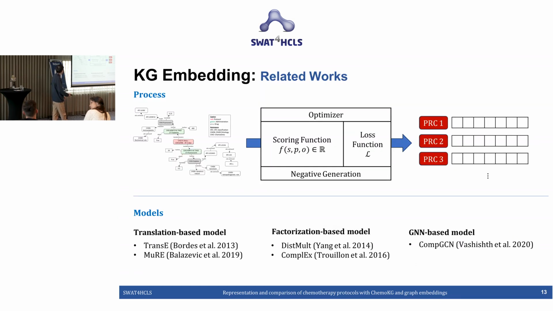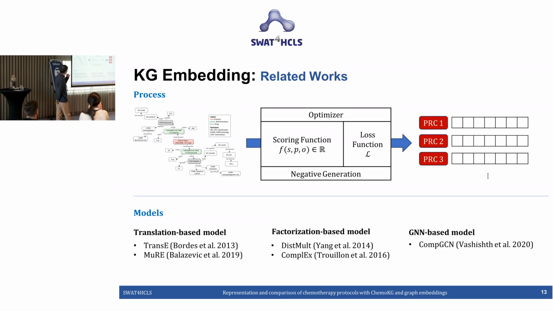The process is that we use the triples as input, and then we have scoring functions for each triple or entity, and of course a loss function, an optimizer, etc. Then from learning this knowledge graph model, we output the vector representation of each protocol.